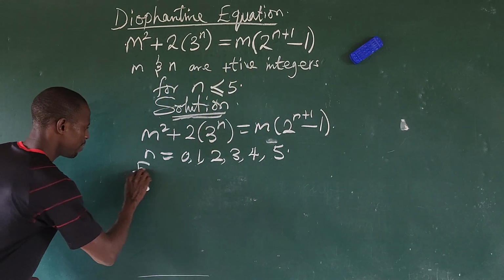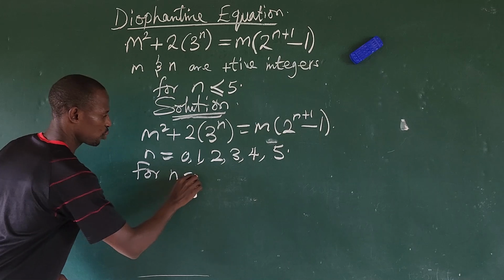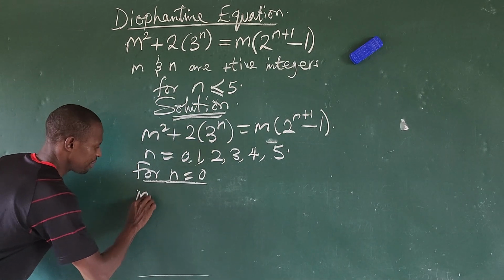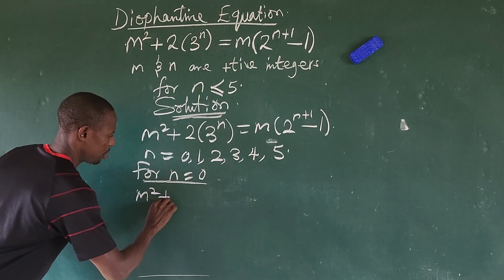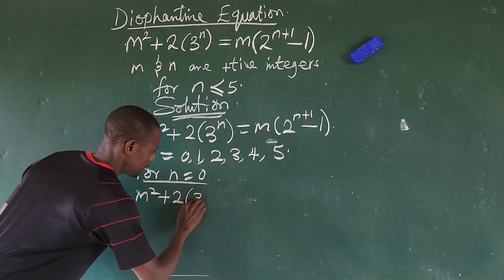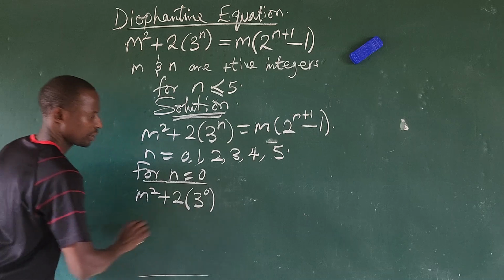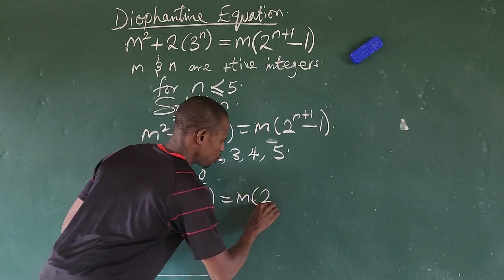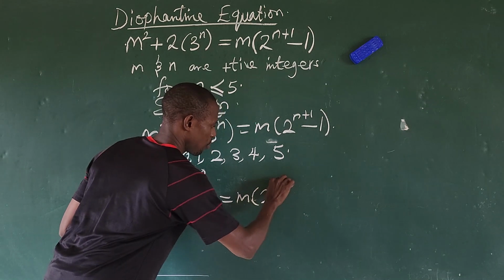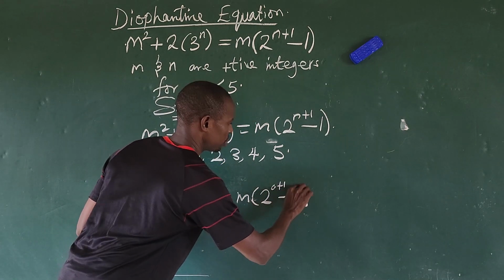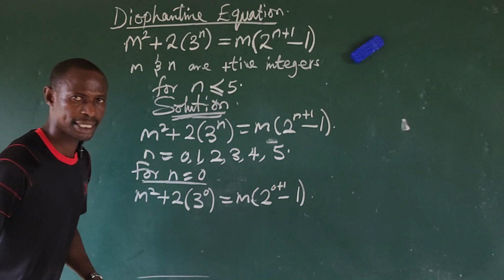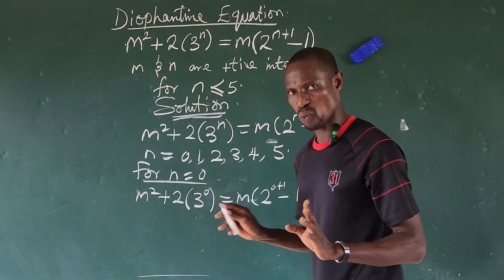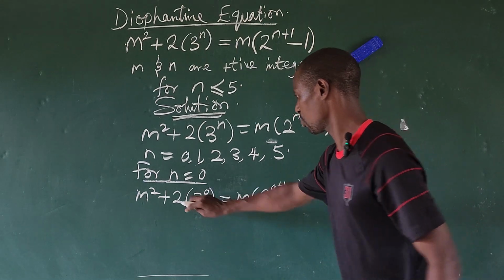So with n equal to 0, we have m^2 + 2(3^0) = m(2^(0+1) - 1). Anything to the power of 0 gives us 1, we all know that.